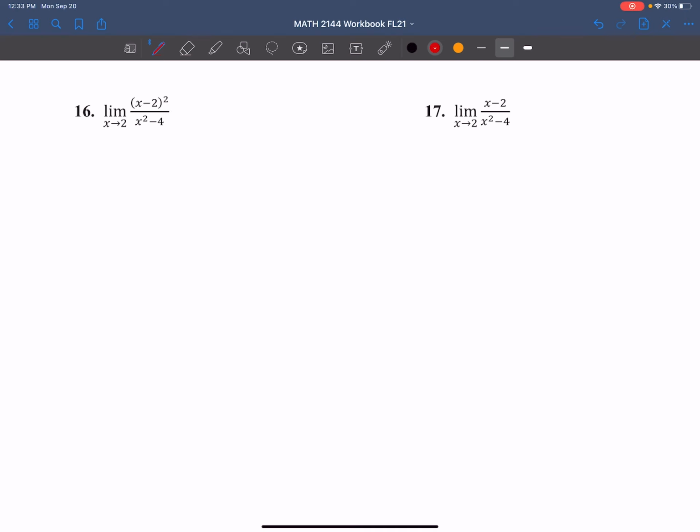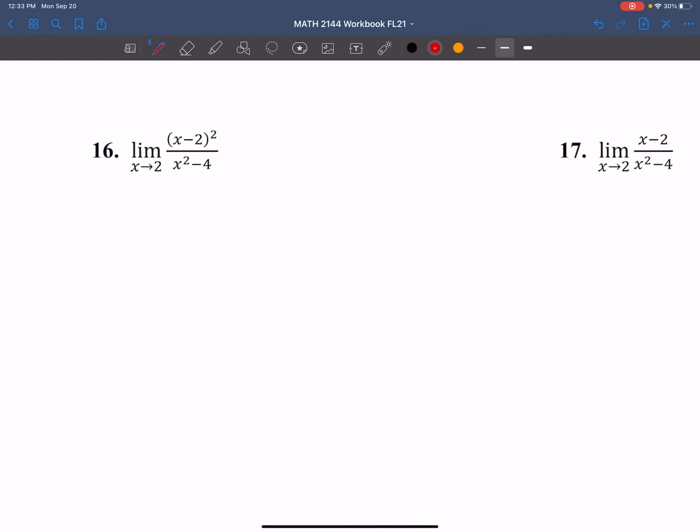So 16, still a limit. What are we going to try to do? Plug it in. Every time I ask, just plug it in already. So we get 2 minus 2 over 2 squared minus 4. Oh, that should be squared. So we get 0 over 0. If we get 0 over 0, what should we try to do? Factor.